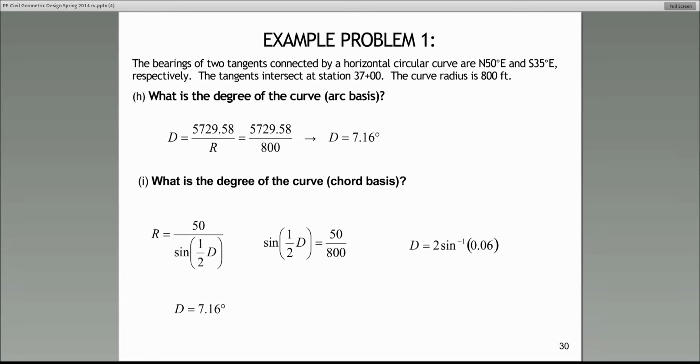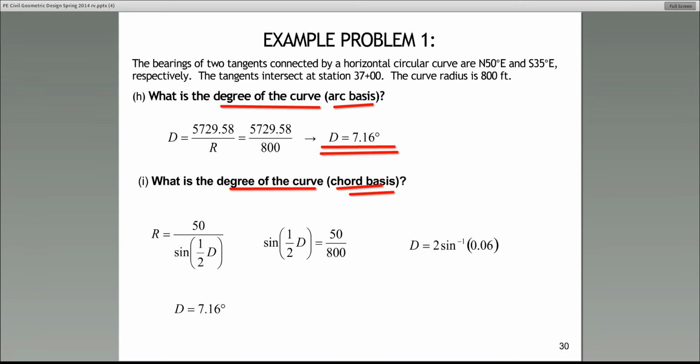Now, the next question: what is the degree of curvature on the arc basis? Use the equation that I gave you. On the arc basis, the degree of curvature comes out to be 7.16 degrees. Then the last question: what is the degree of curvature on the chord basis?